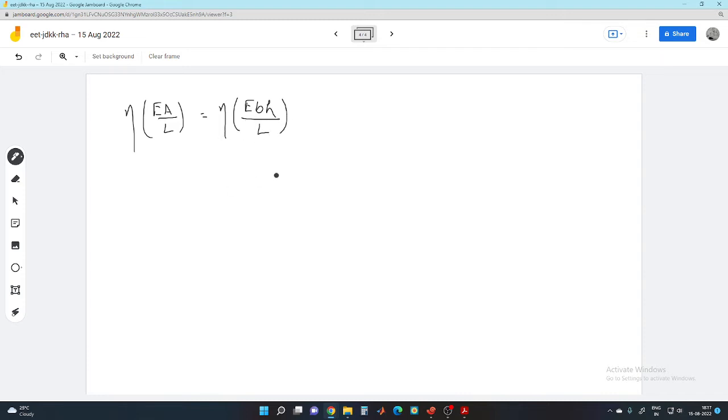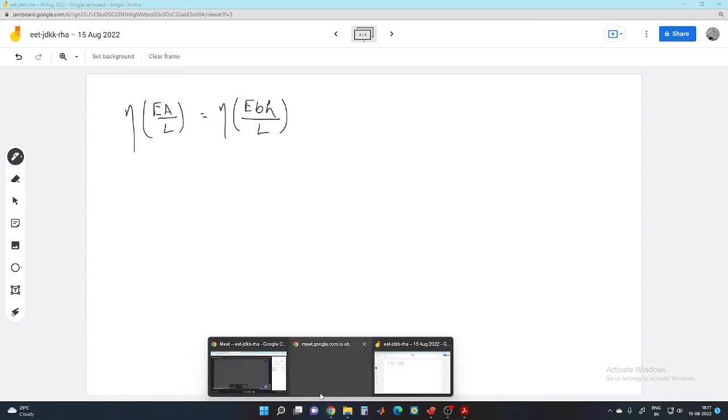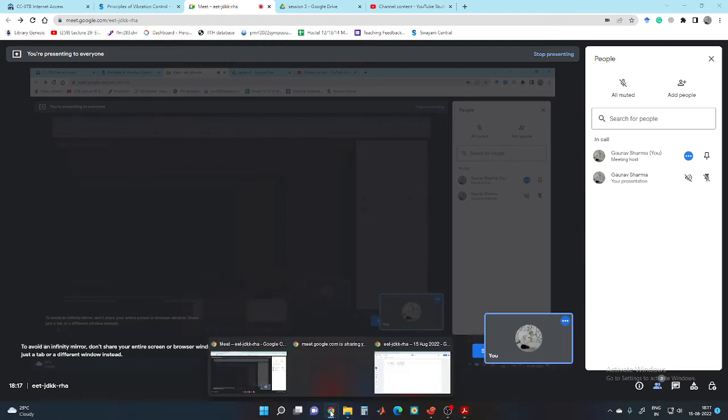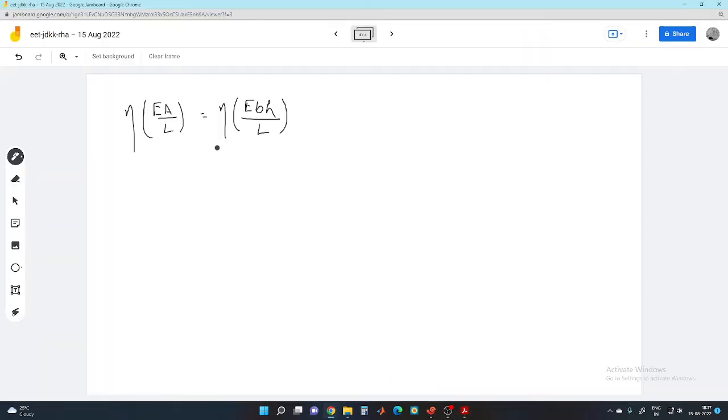Now there is one more thing to note: mass is constant. So mass is nothing but density of that material into B H L, width, thickness, length. This is the volume, and volume into density is equal to mass. Now L is variable, right?